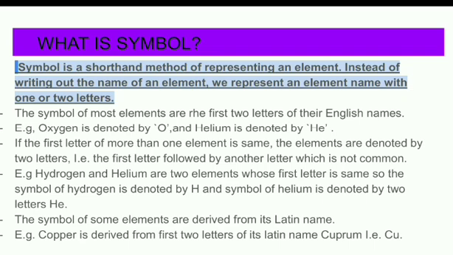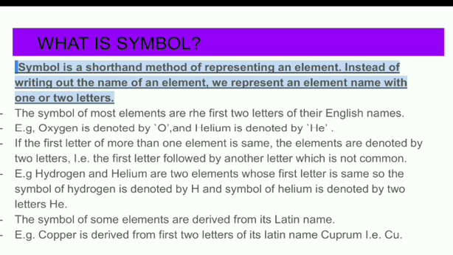The symbol of most elements are the first two letters of their English names. Now, most of the symbols of the elements are what? The first two letters of their English name.